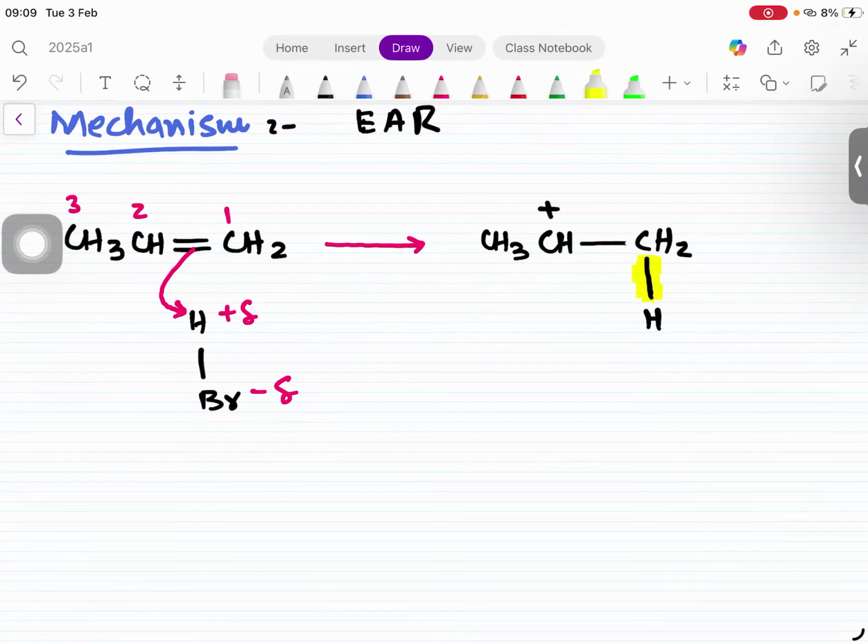which I have highlighted, this electron pair, the line which I have highlighted. Now, this electron pair has one electron from this carbon, but the other electron belongs to this carbon. And as carbon number 2 has lost an electron, therefore it gets what charge? It gets a positive charge, right?